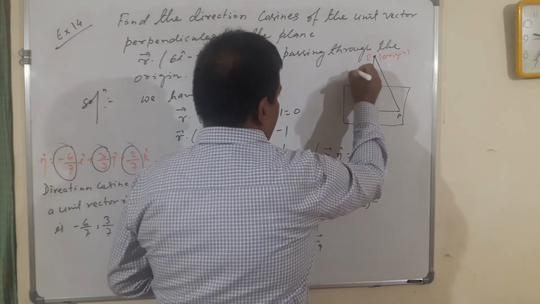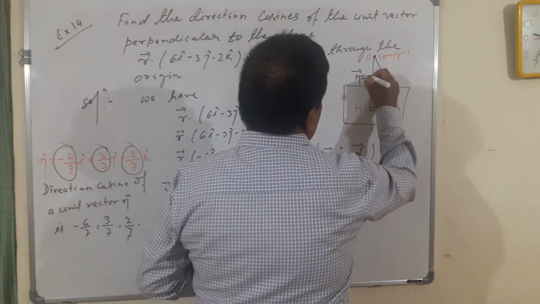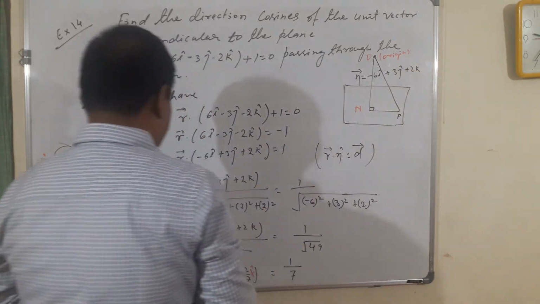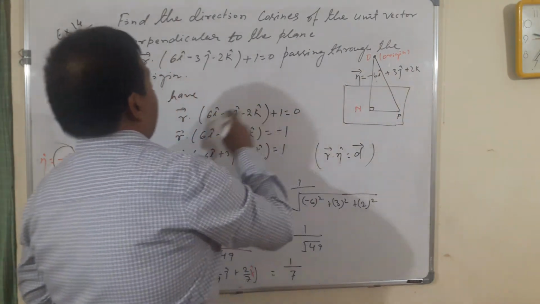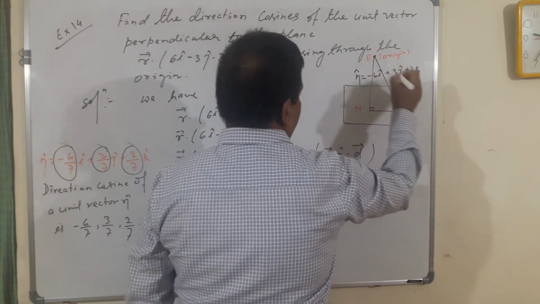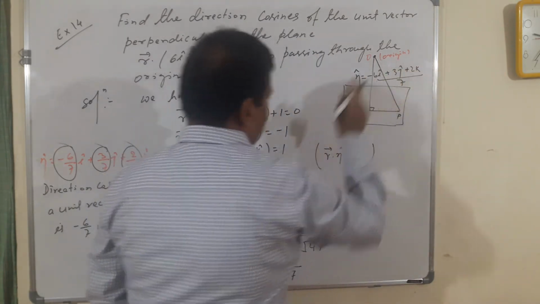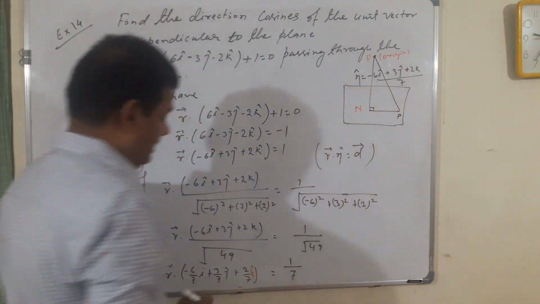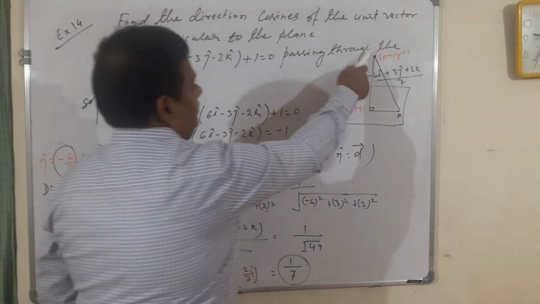This vector n is given as minus 6i plus 3j plus 2k, and divided by 7 you will get the unit vector n. Minus 6 by 7, 3 by 7, 2 by 7 are the direction cosines of the unit vector n, and the length of the perpendicular from the origin is 1 by 7.